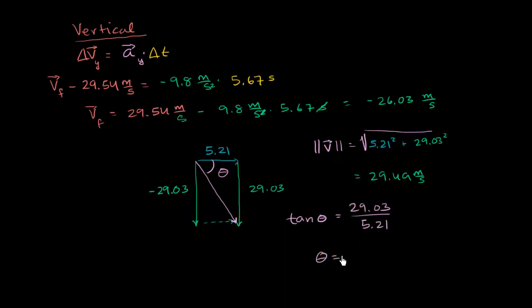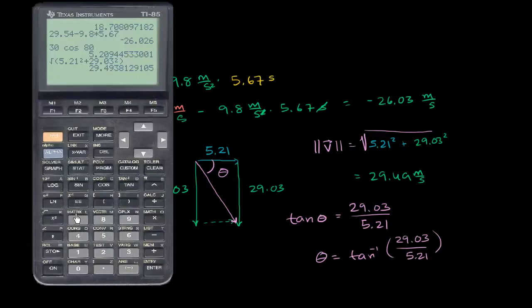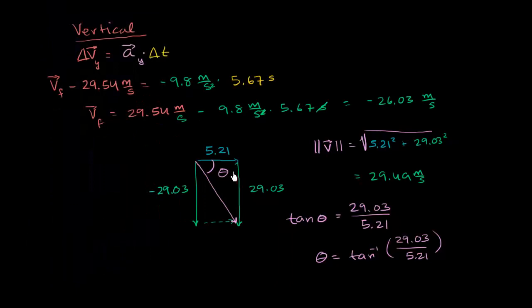Or theta is equal to the inverse tangent, or arctangent, of 29.03 divided by 5.21, and we get 79.8 degrees. But it's going to be 79.8 degrees below the horizontal. Or you could view this as an angle of negative 79.8 degrees above the horizontal. Either one of those works.